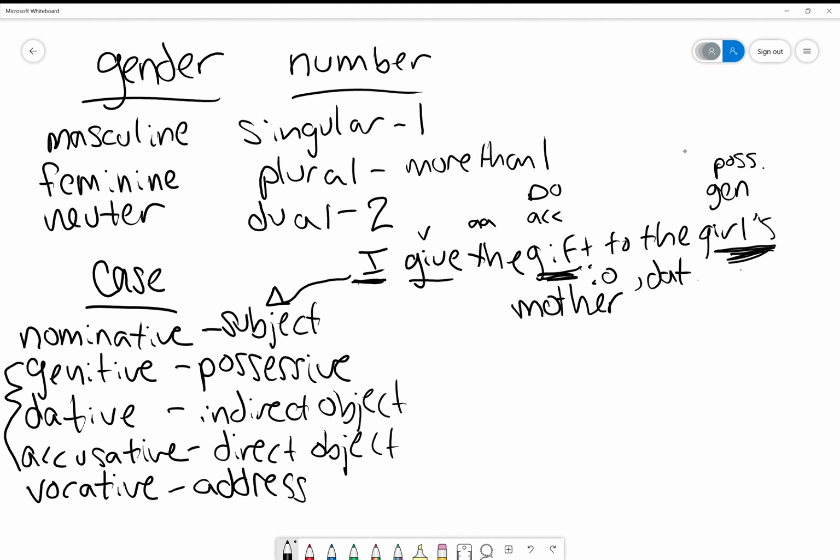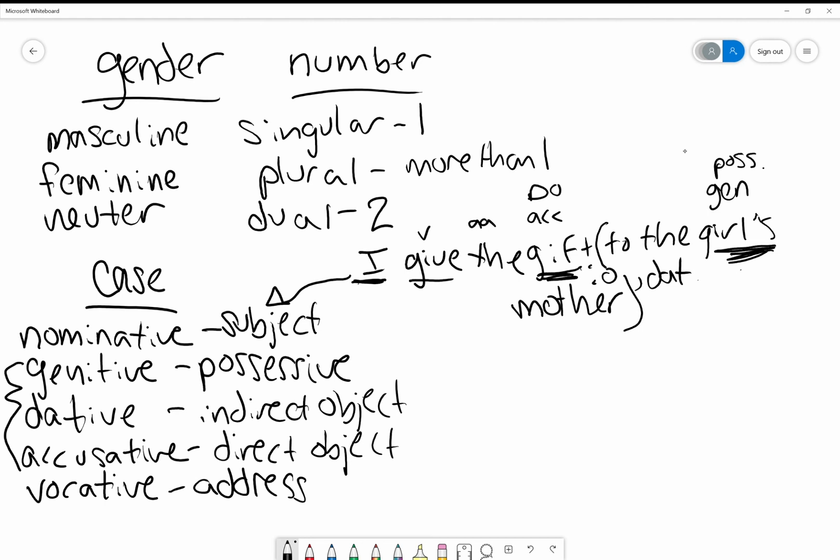So Greek, if we were to render this sentence into Greek, which I'm not going to do here because it's complex enough without throwing in a new language, the words can be mixed up into other orders because our word endings are going to tell us the functions. So we know we have a prepositional phrase here, to the mother.